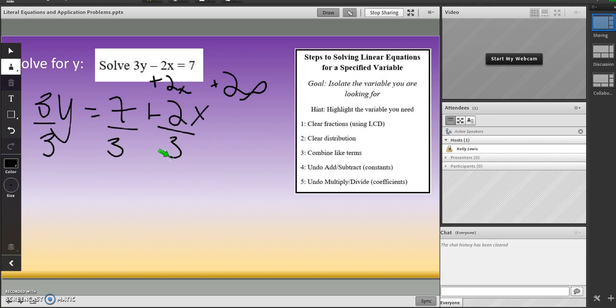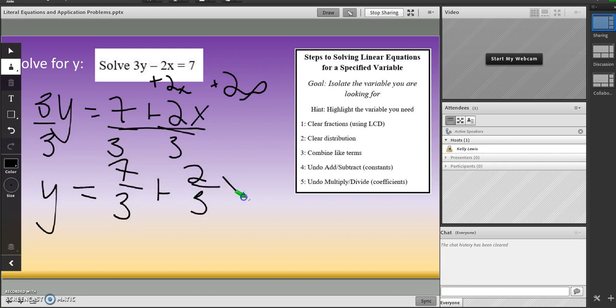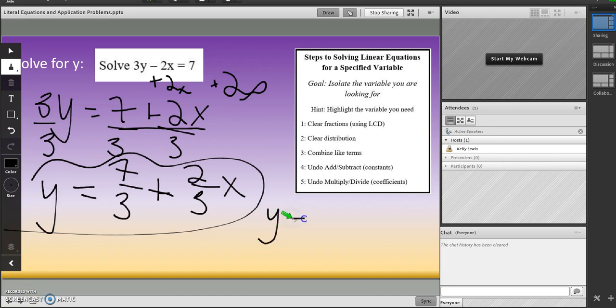And you can write it like that, or you could write one big fraction. But because eventually we're going to learn about slope and y-intercept, I want you to do it separately. And so that we get 7 over 3 plus 2/3 x. And that's our answer. This, by the way, is the same as y equals 7 plus 2x over 3. Just so you know.